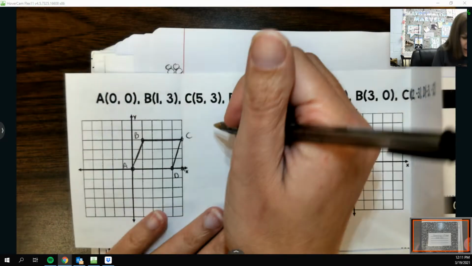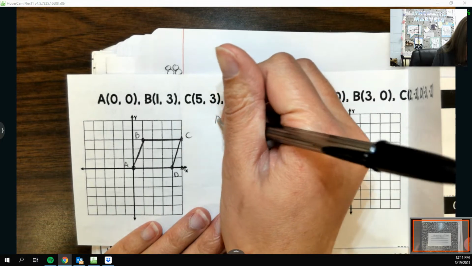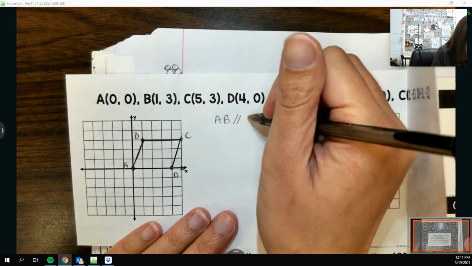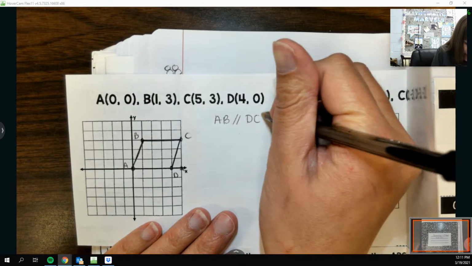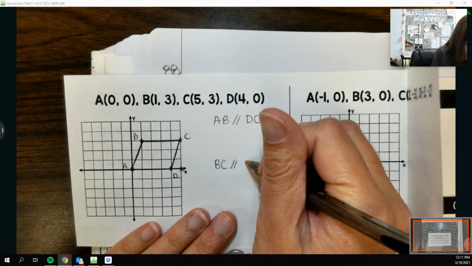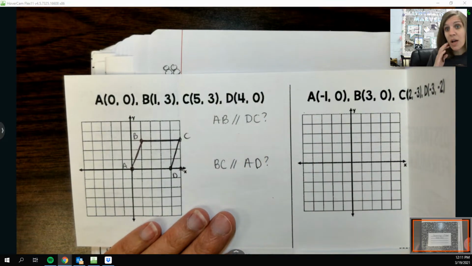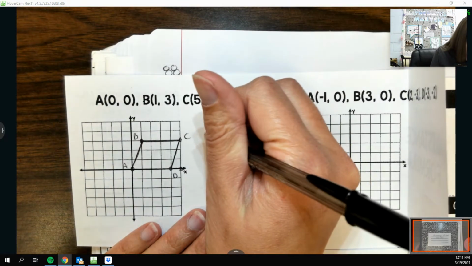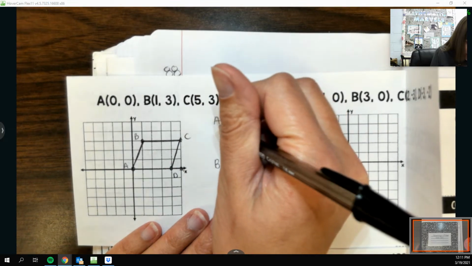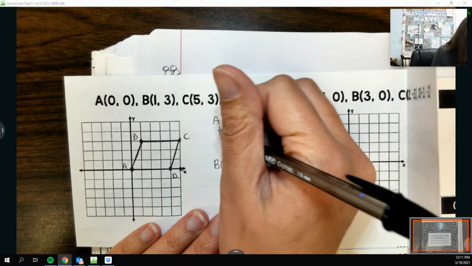To find out if it's a parallelogram or not, I'm wondering: is AB parallel to DC? And is BC parallel to AD? To know, I want to find the slope of each. So the slope of AB is up 3 over 1.